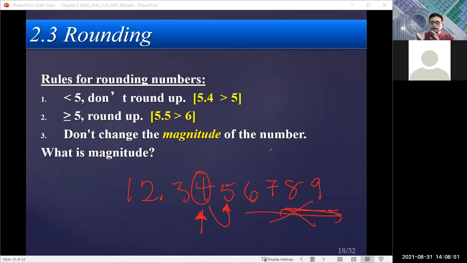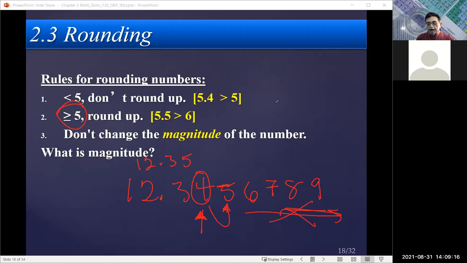You simply look to the immediate neighbor and you ask these two questions. If the immediate neighbor is less than 5, then we don't round it up. If that immediate neighbor is greater than or equal to 5, then we round it up. So this number would become 12.35 because its neighbor follows this rule.